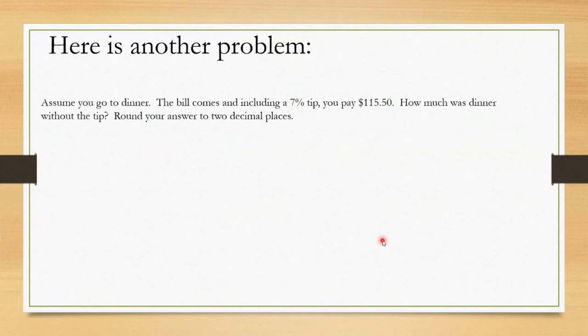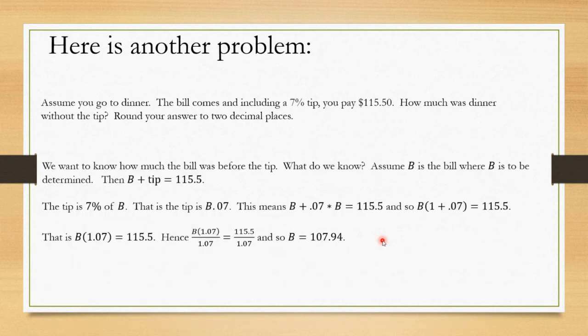Well, I'm going to show you how to do that. I'm going to show you algebraically. So let's say B is the bill before the tip. Then what the problem is telling us is B plus the tip is this.